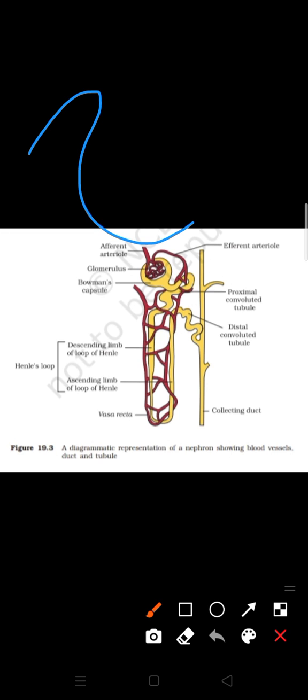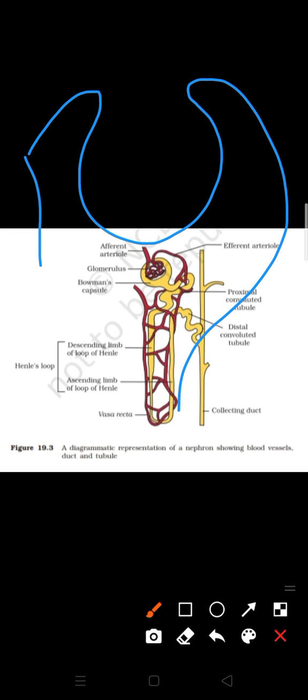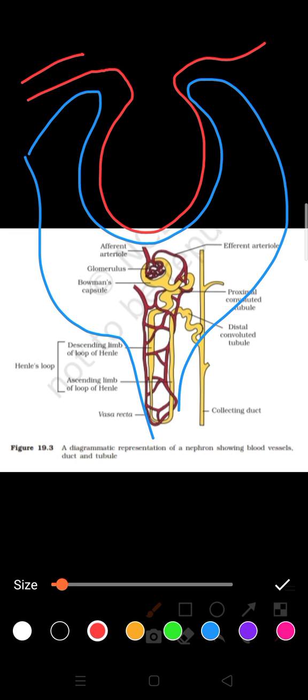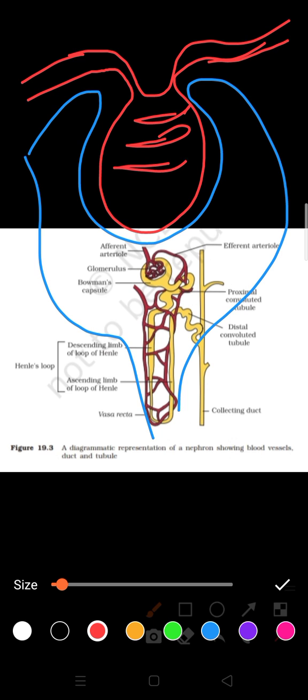If I make it here, the Bowman capsule is this type of structure, and here you can observe the arterioles coming in. From one side the afferent arteriole brings blood and the purification of blood takes place, and the efferent arteriole carries the filtered blood away.